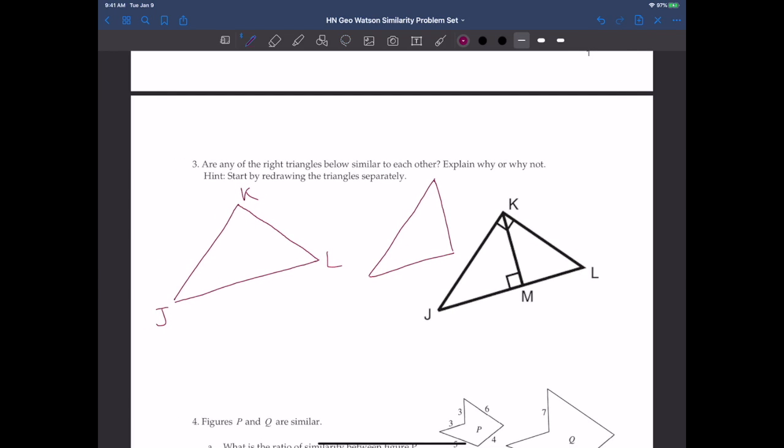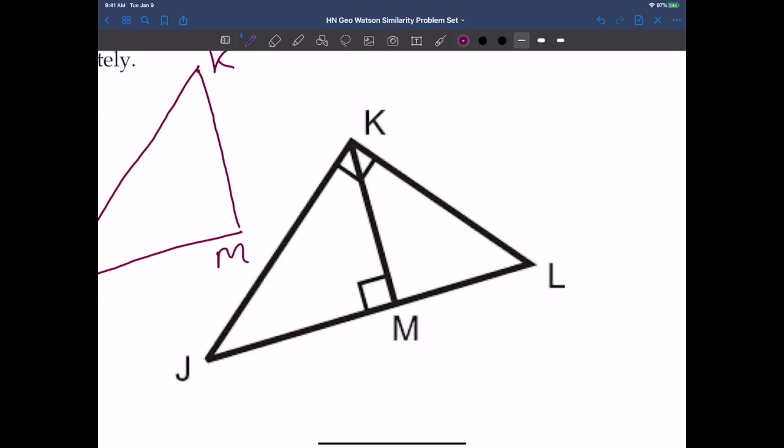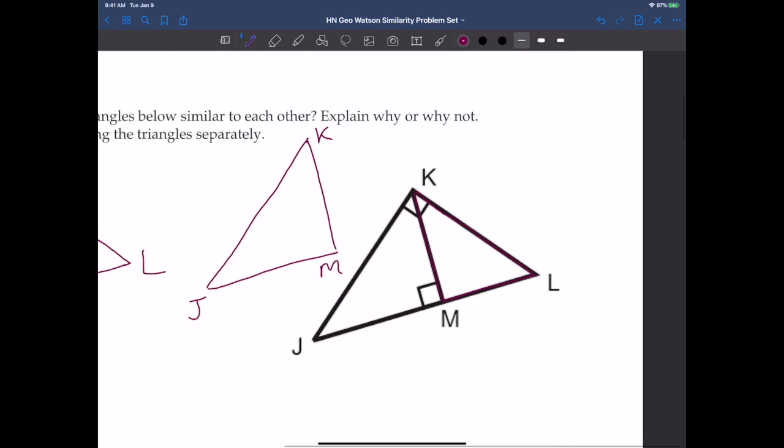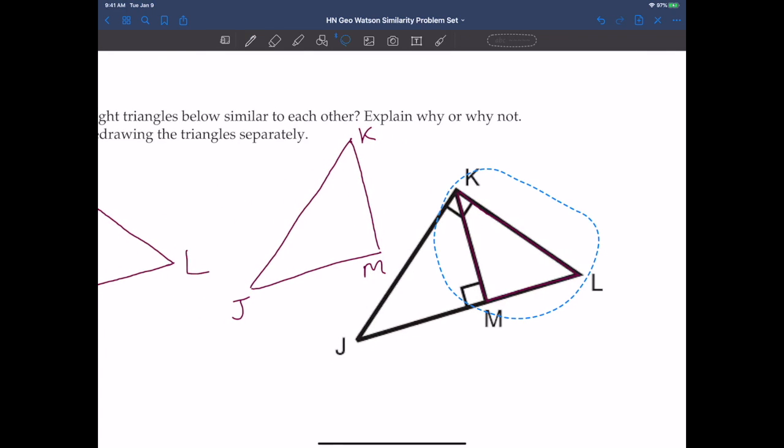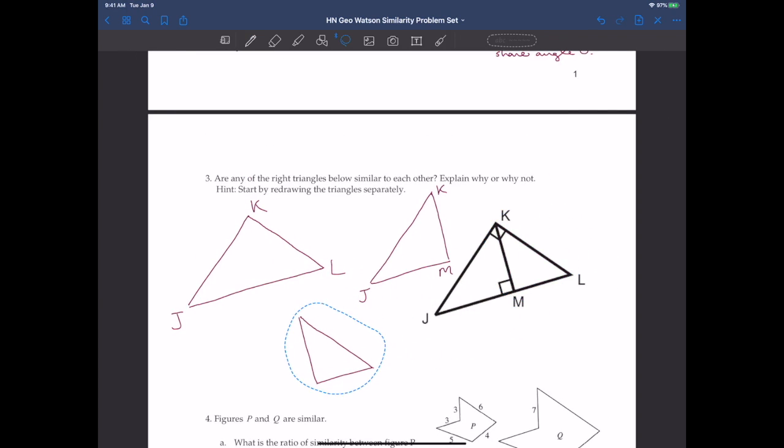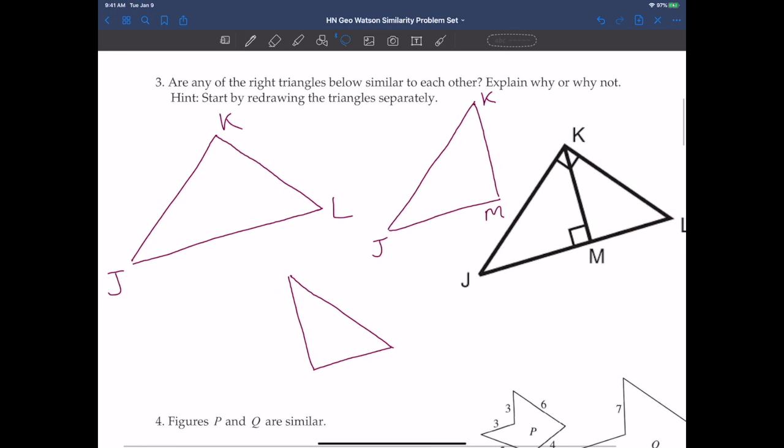Here's triangle JMK. And now here's triangle KML.